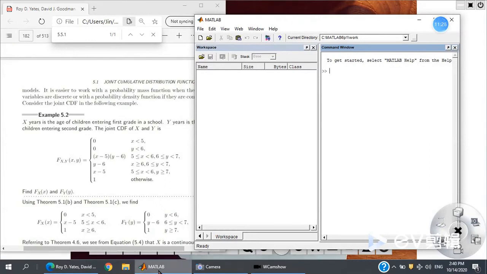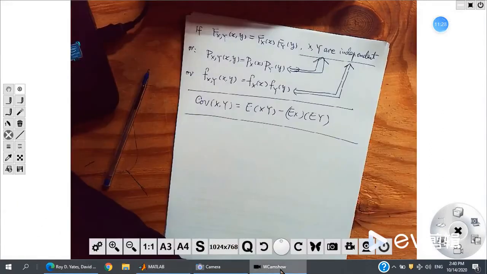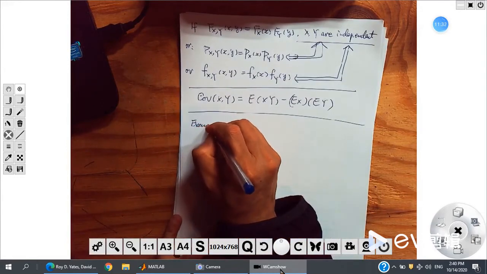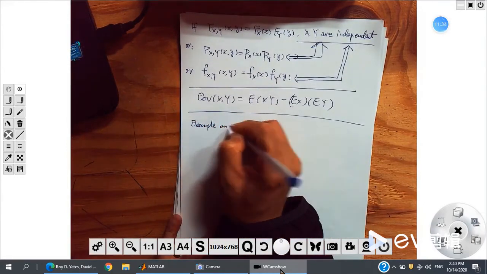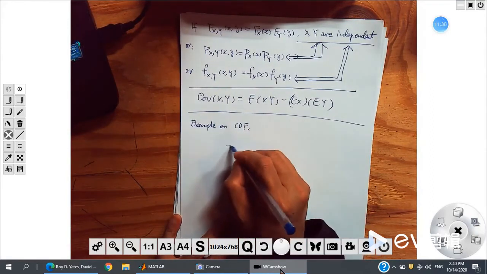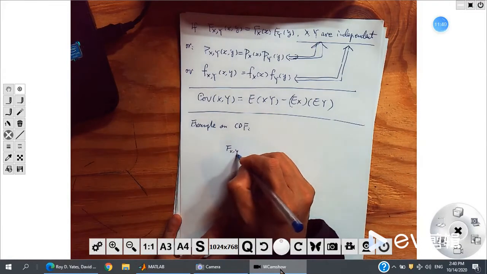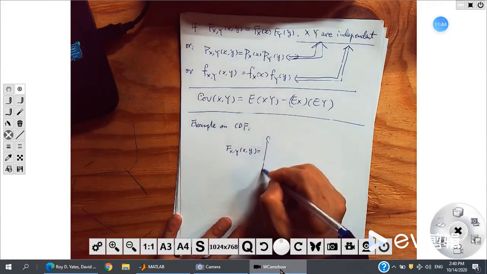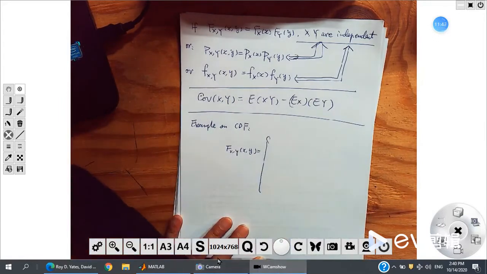Okay. Let me put it in the notes first. Example on CDF, we have F(x, y) equal to several cases, right?